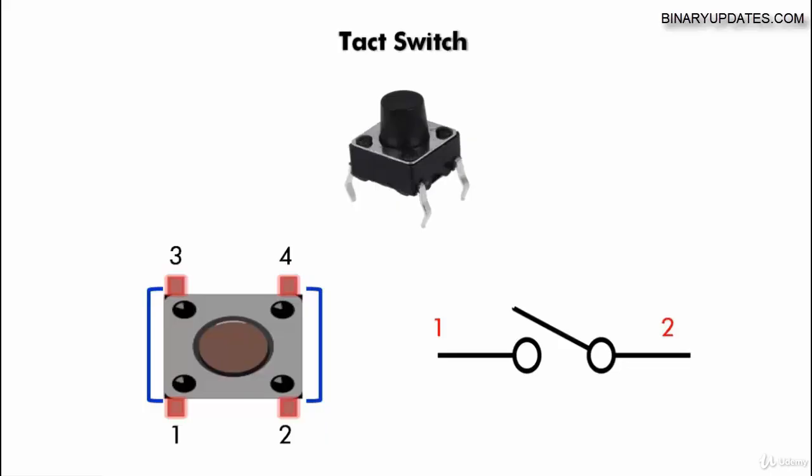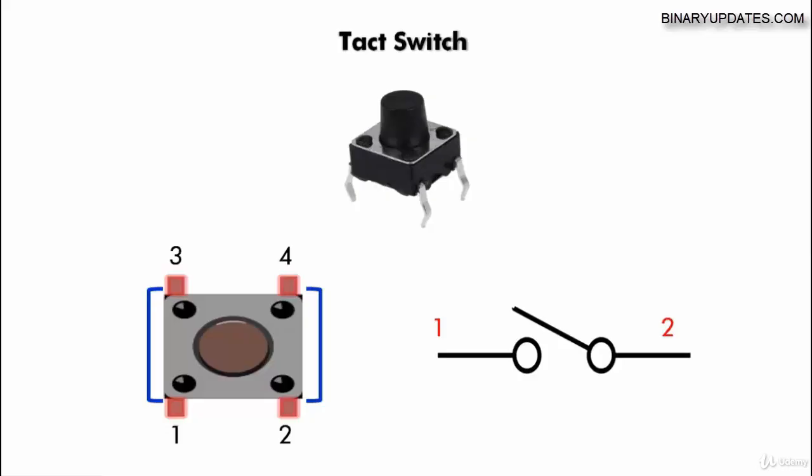You might have seen a lot of products around you which use this kind of tact switch, for example a microwave oven, older televisions or copy machines. So you may be using it already.